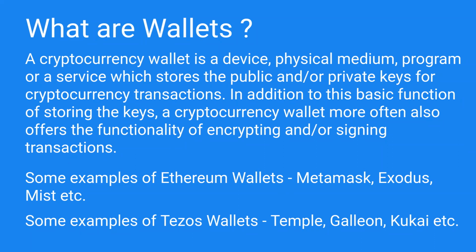There are also hardware wallets like Ledger Nano, which are more secure because you can carry them around. Some of these wallets directly connect with hardware wallets, so they integrate properly with one another.